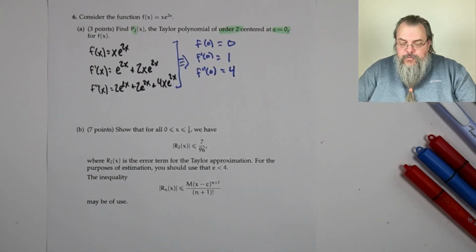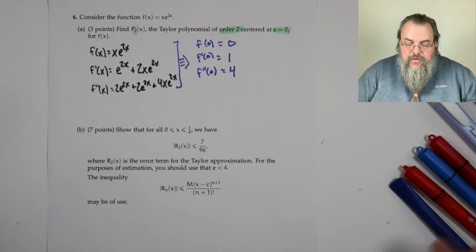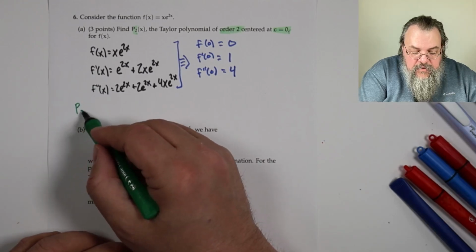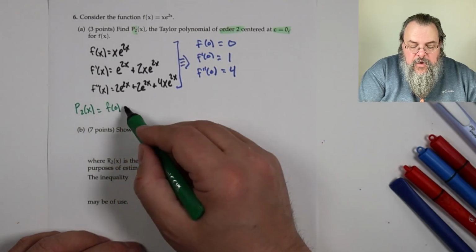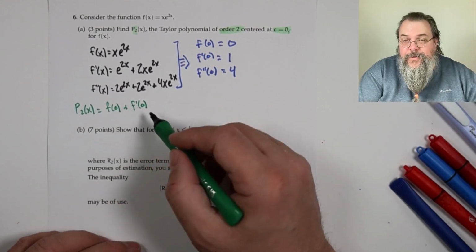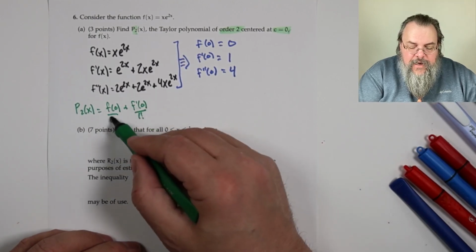Now, our moment of truth. What is P2 of x? Well, it is the following. So P2 of x, and since we're centered at 0, I'm just going to put it at 0. That's going to be f of 0 plus f prime of 0 divided by 1 factorial, which usually we don't write down, but we could. So, heck, why not? We'll go ahead and write it down.